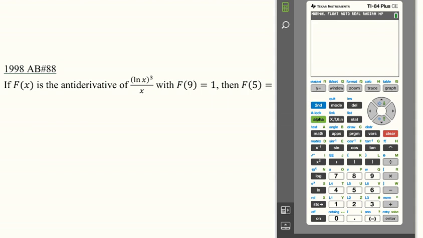Maybe I didn't. And the last one I've got for you is another one of these multiple choice questions. If capital F is the antiderivative of this thing with f of 9 equals 1, then f of 5 equals what? Okay, this is definitely a calculator question, but I'm going to let you try this one on your own. So you're going to want to pause the video because in about 10 seconds it's going to come up with the answer.